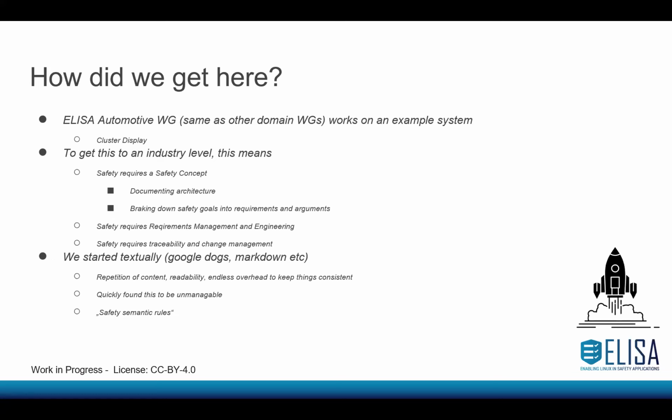And if you do that textually, you're looking at the abyss of endless overhead to keep things consistent, to make sure nothing is lost, to make sure you do not change something in one place that is referred to in another place without checking that it does not impact whichever argument you make with the same artifact at another place. So in a nutshell, it is not manageable.